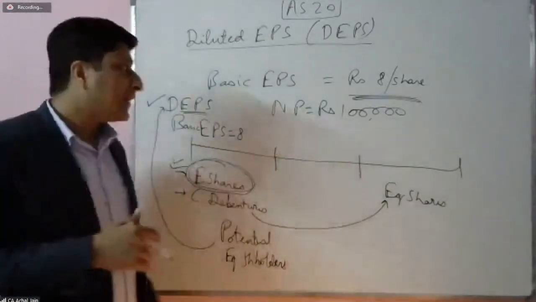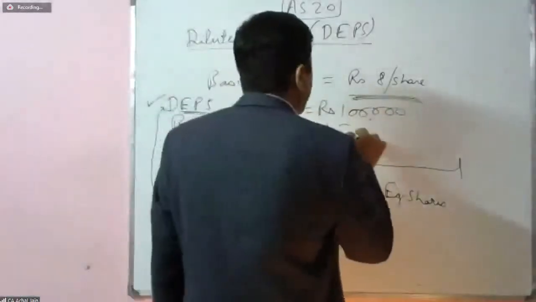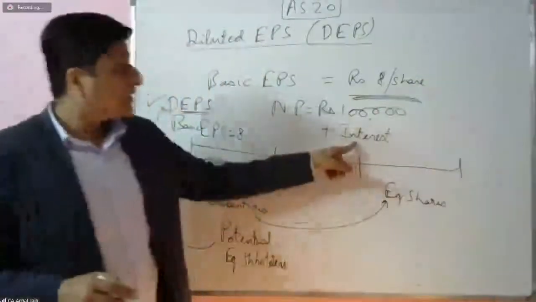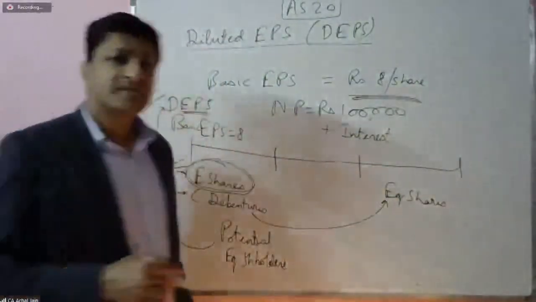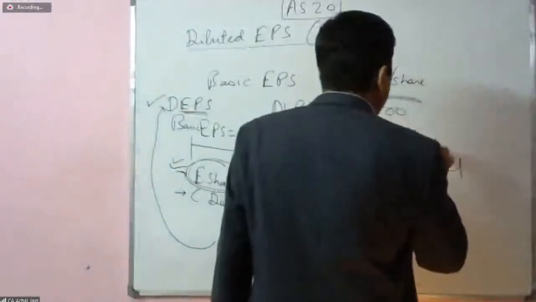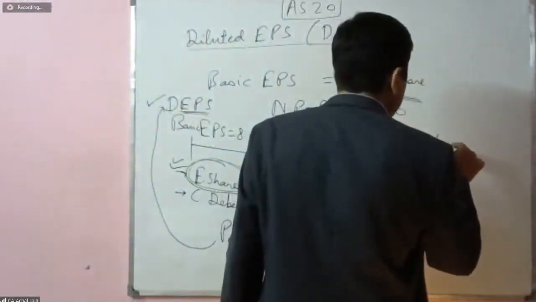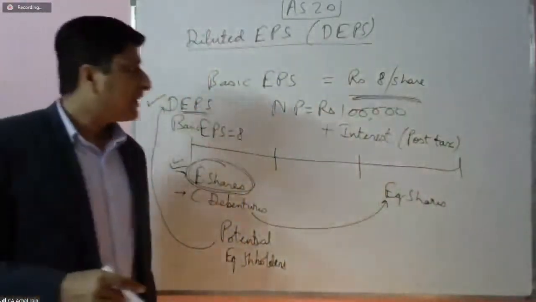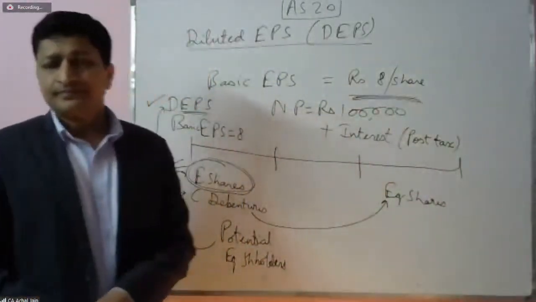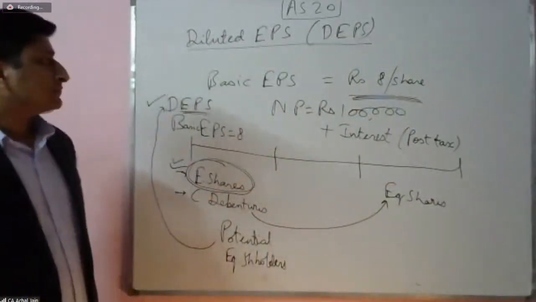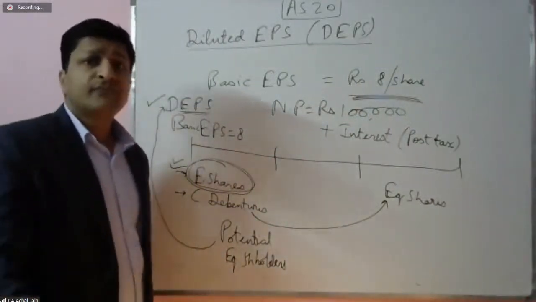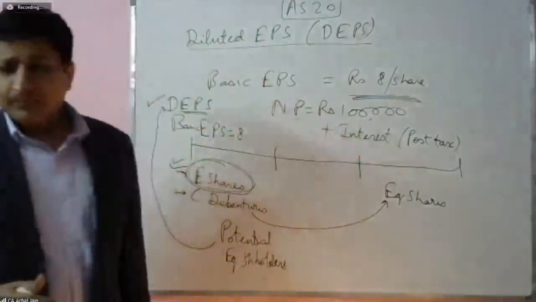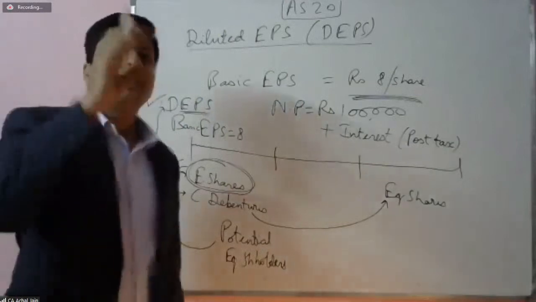No. So that's why interest will get added over here. And on this interest, we will also have to compute tax. So the interest post-tax will have to be computed over here. Correct? So this is the first factor which will change. Profits will definitely increase.